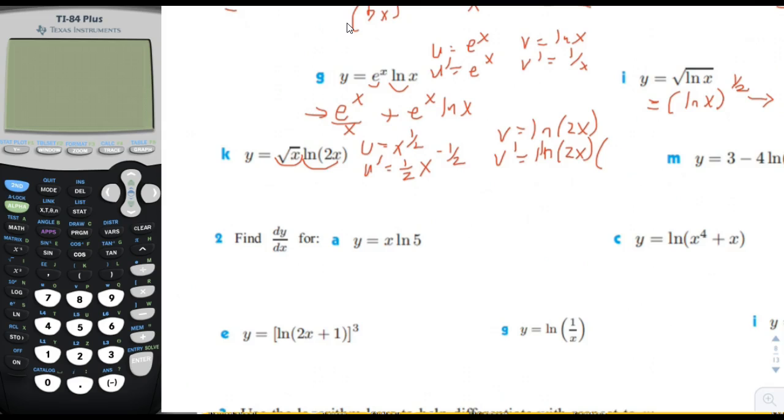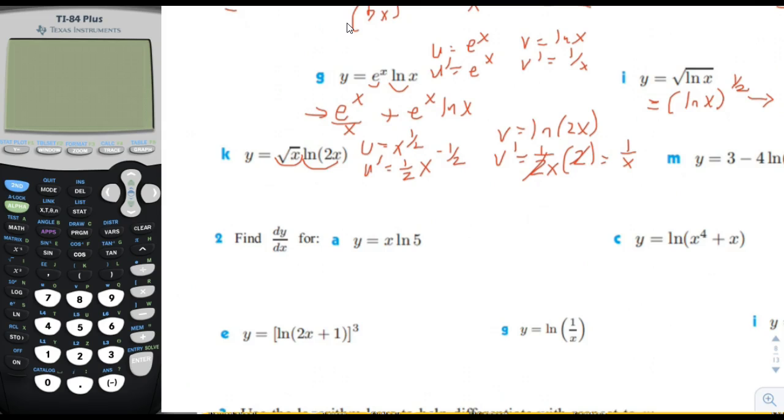v dashed is equal to the derivative of natural log of 2x, which would be 1 over 2x, and then the chain rule would say we multiply it times 2. Okay, and then, oh, look at that, the 2's cancel out, and you end up with 1 over x.